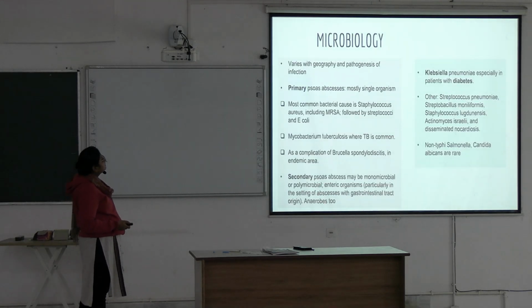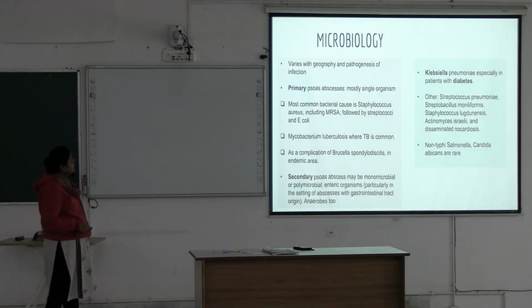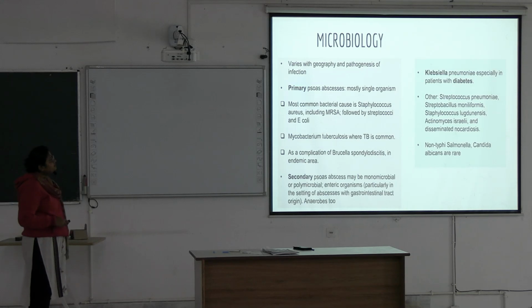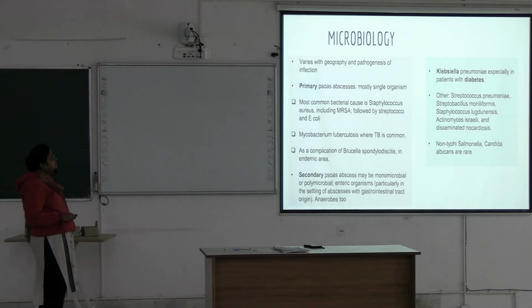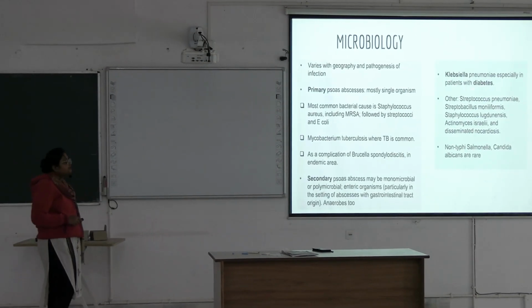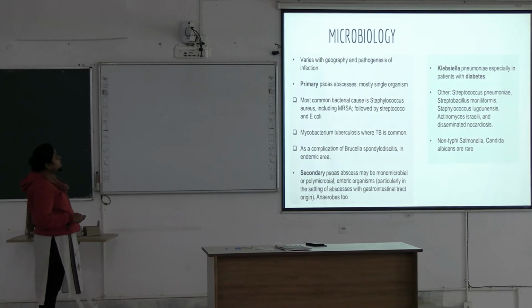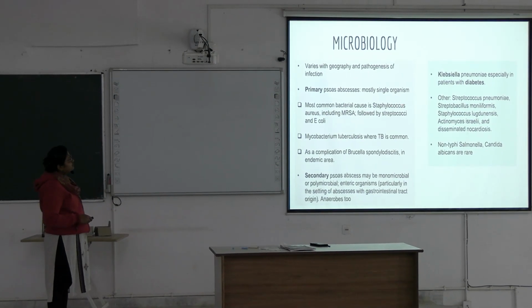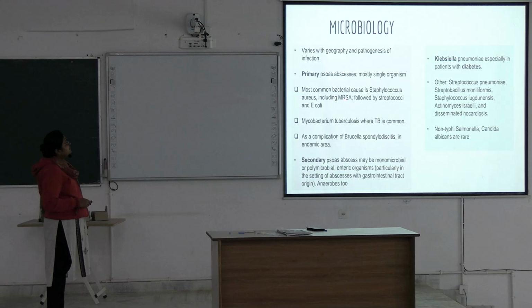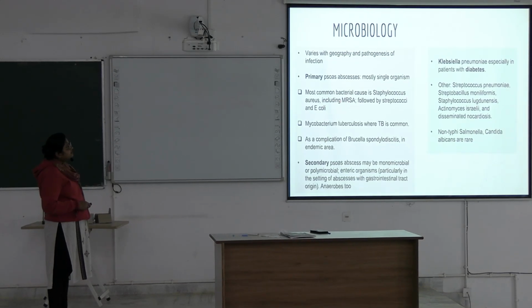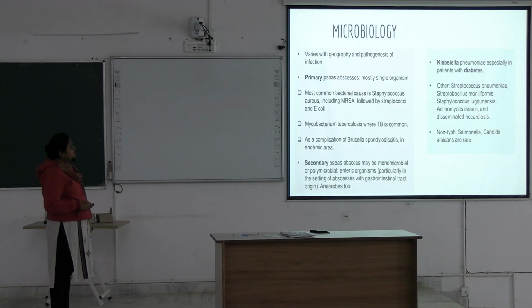Next, what are the microorganisms involved in psoas abscess? It varies with geography and pathogenesis of the infection. In primary psoas abscess, mostly a single organism can cause it. The most common bacterial cause is Staphylococcus aureus, including methicillin resistant Staph aureus (MRSA), followed by Streptococci and E. coli.